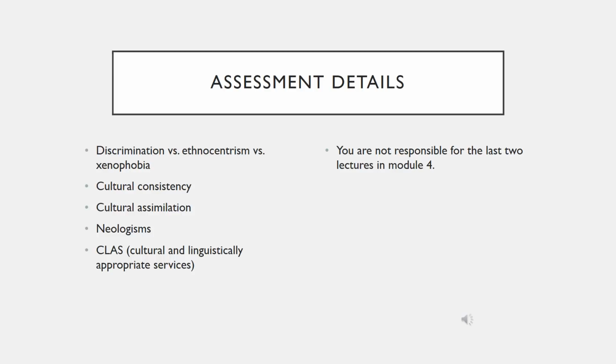We talked about unconscious bias and how it could cause a person to discriminate, but not everybody who has an unconscious bias discriminates outwardly. So what is the difference between discrimination? What is ethnocentrism?